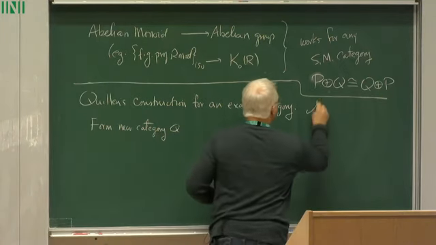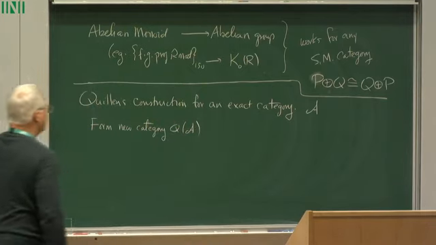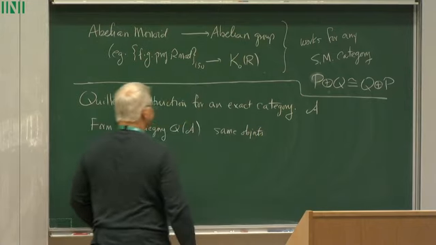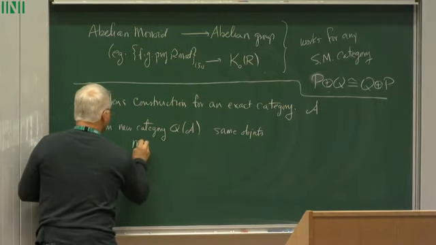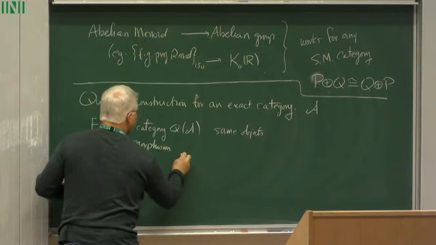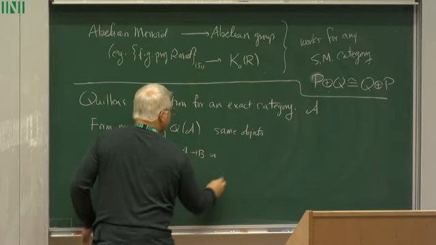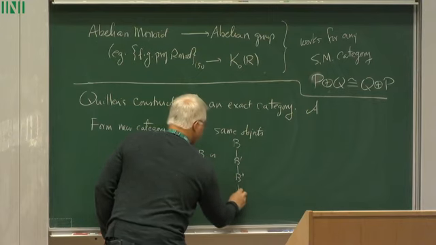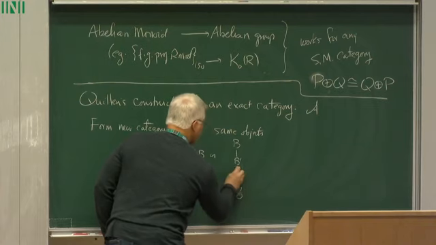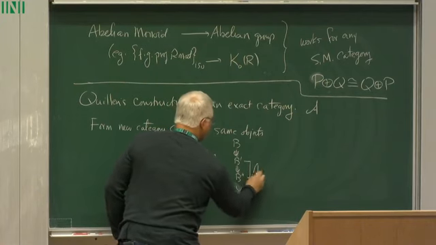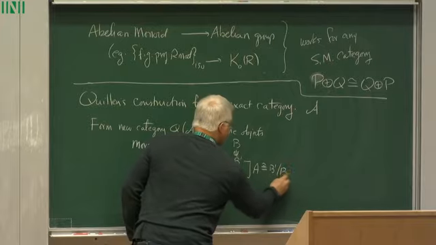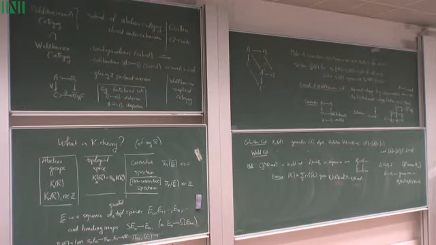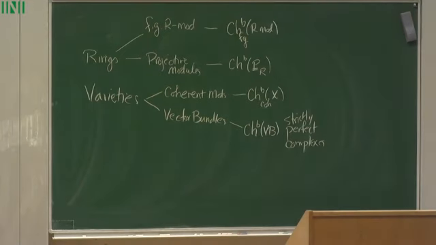Let's give this category a name, A. And we form a new category with the same objects, and a morphism from A to B is the following thing. So a morphism is an inclusion of A as a sublayer into B.